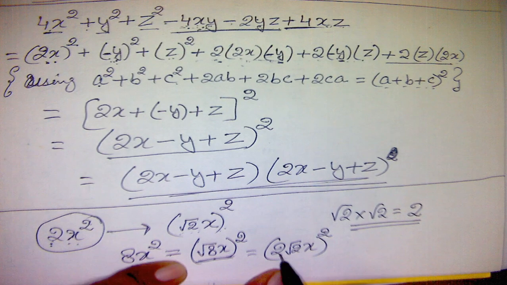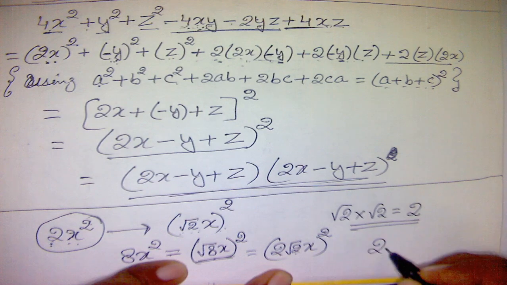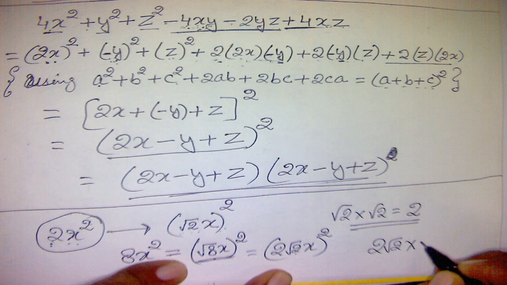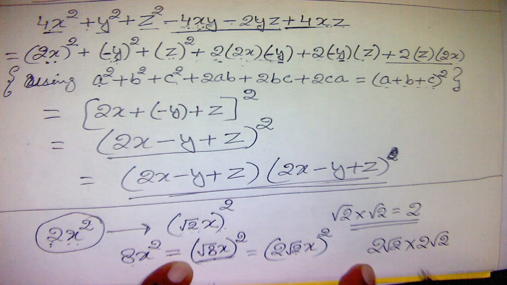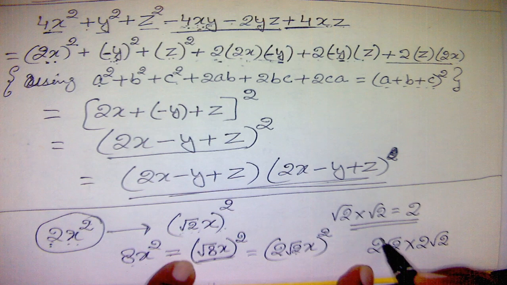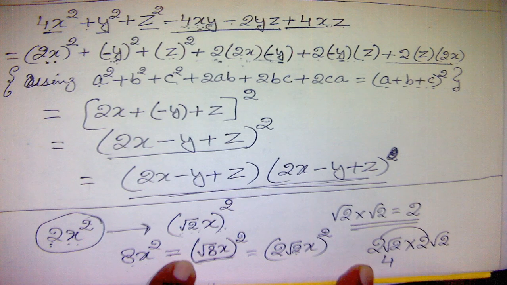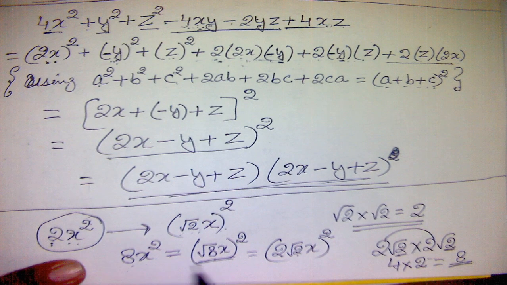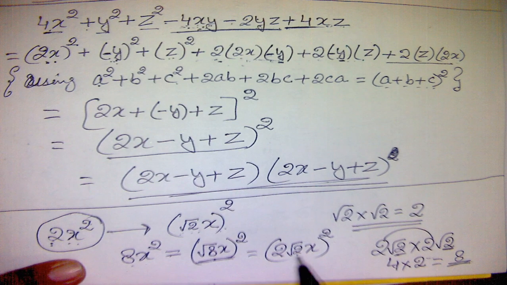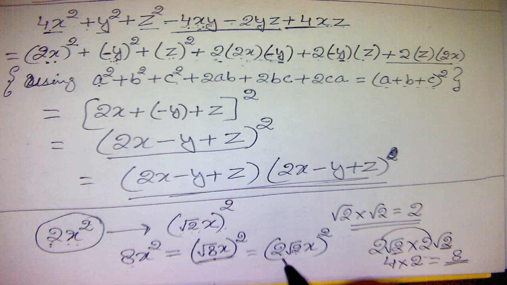Because if you check it out, 2 under root 2 multiplied by 2 under root 2, what do you get? 2 multiplied by 2 is 4, and then under root 2 multiplied by under root 2 is 2. So 4 into 2 gives you 8. So in this way, you can also write under root 8 as 2 under root 2 whole squared.